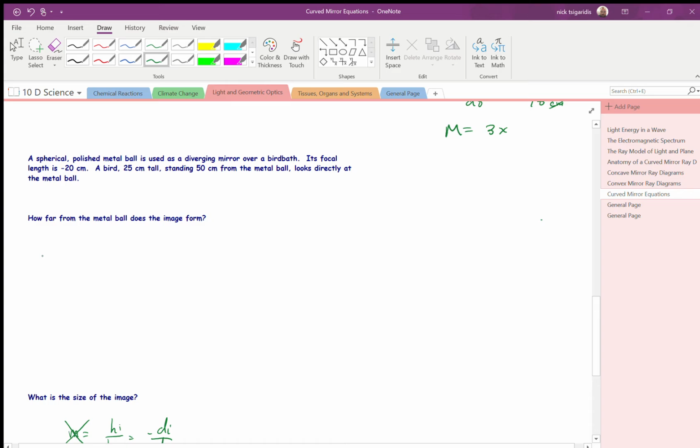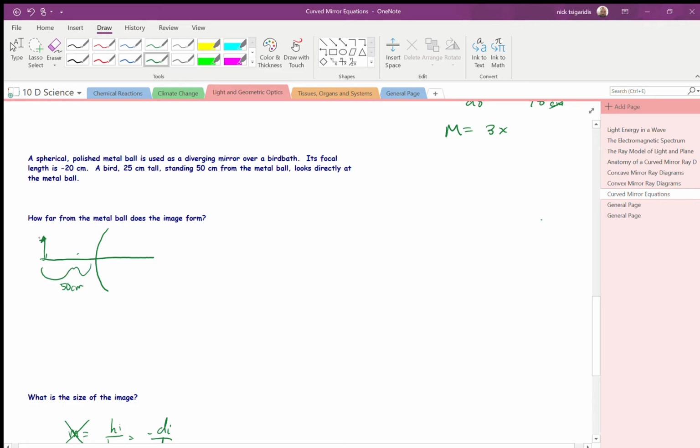So in this case, I'm going to do my sketch here. I have my principal axis. I know it's a convex mirror. I know somewhere in front there is a bird placed at 50 centimeters. So the distance between the mirror itself, this distance is 50 centimeters.